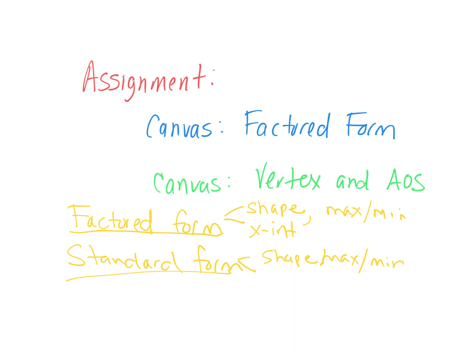In standard form, we're able to use that x equals the opposite of b over 2a to find the vertex, which then gives us the axis of symmetry. And in standard form, it is the easiest form to be able to tell the y-intercept.